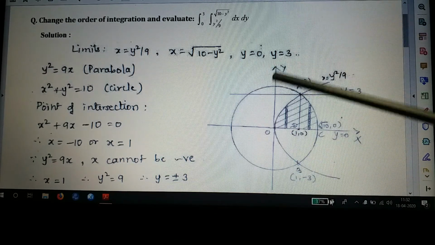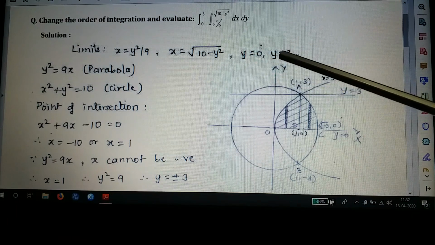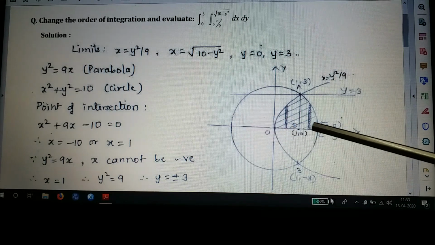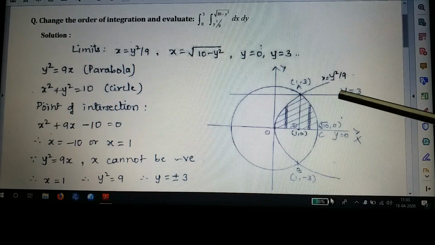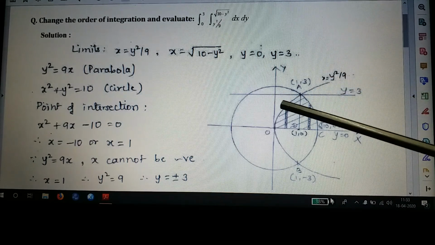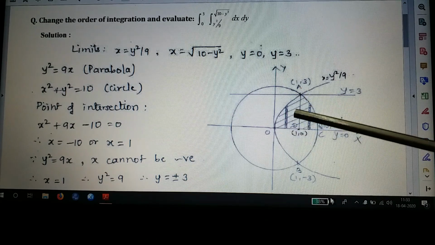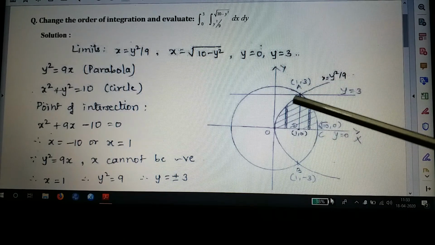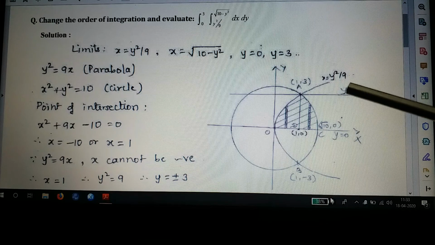Further, the region is bounded by y equal to 0 and y equal to 3. So whatever was the region between the parabola and circle, now it is restricted between these two lines also. So now we know that this shaded portion is our region of integration.